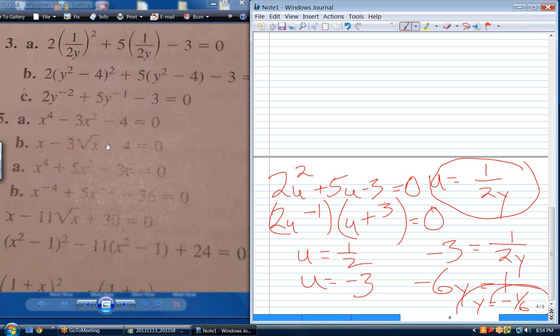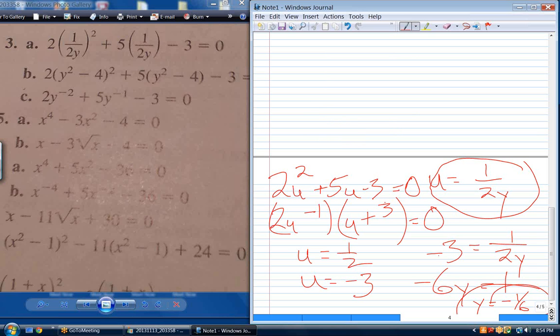We might end up with an extraneous solution there. Or this one here. Or when you see absolute value signs, you might have extraneous solutions. Or if you see logarithms, you might have extraneous solutions. By extraneous, I mean one of your solutions is not good. It doesn't work.